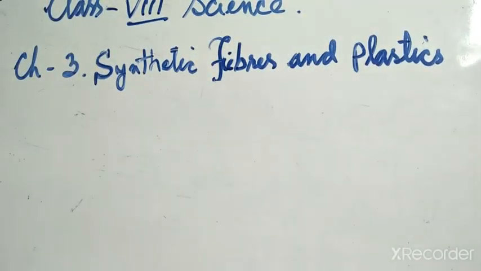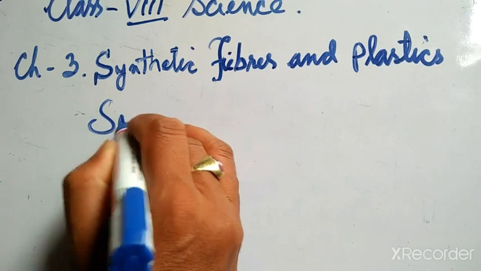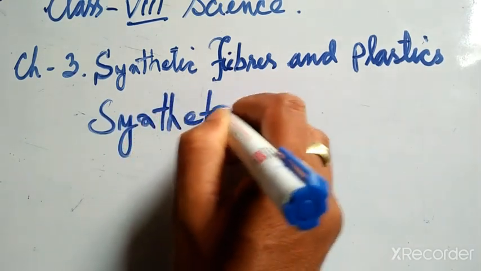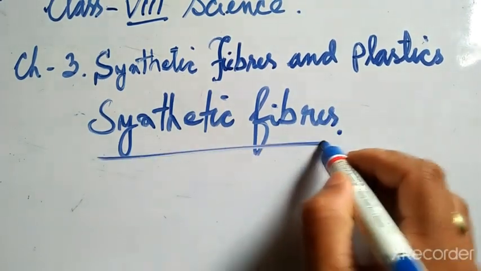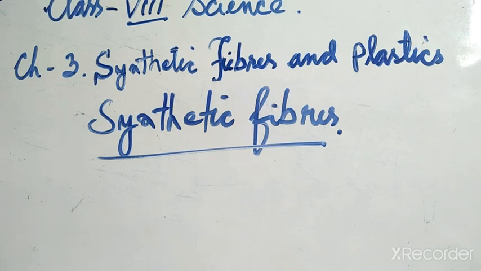So again, let's study about synthetic fibers. What are synthetic fibers? Synthetic fibers are also a chain of small units joined together, and each small unit is actually a chemical substance. Many such small units combine to form a large single unit called a polymer.